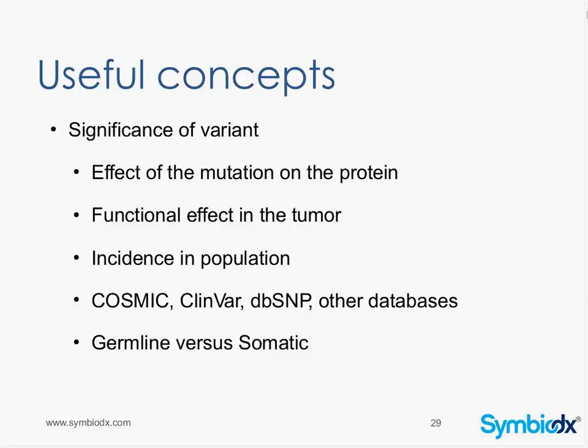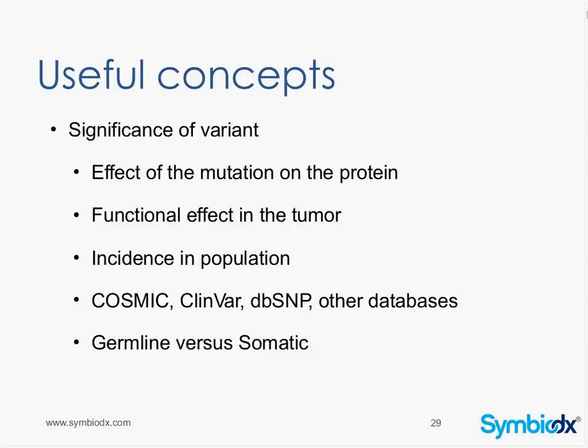So once the variant is real, we need to determine if it's significant, and some of the different computer programs and concepts that we use to determine if it's significant are listed here. The first one being the effect of the mutation on the protein.